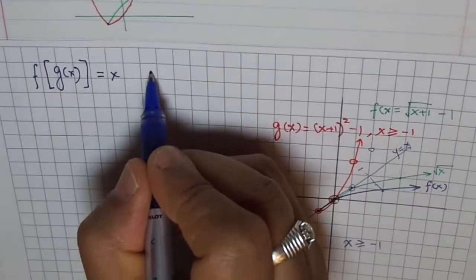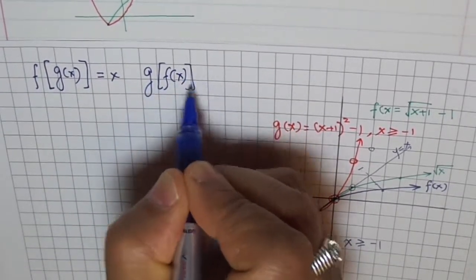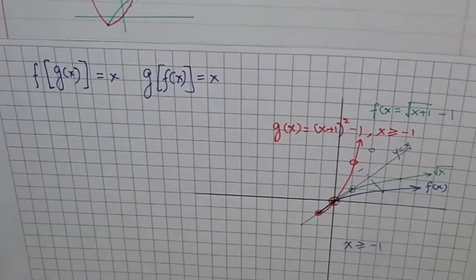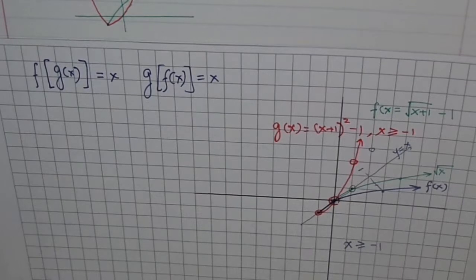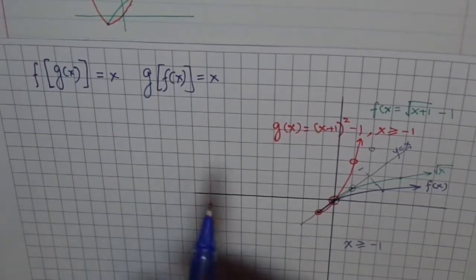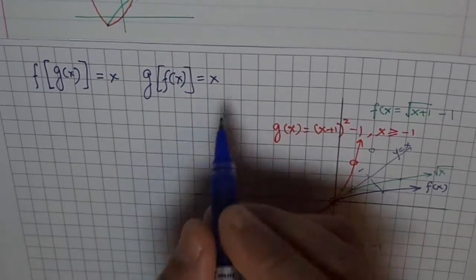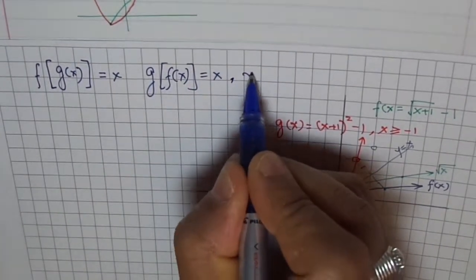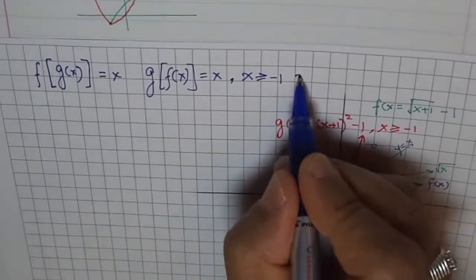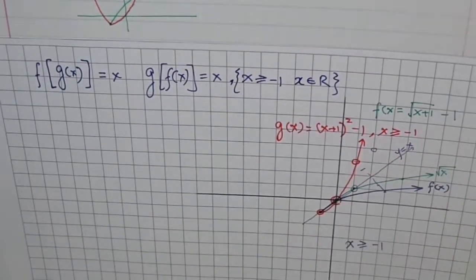And if we do g of f(x) and we get x, then it shows that these two are also inverse. So either way, if you work it out, we can show that they are algebraically inverse of each other. Graphically, we have already shown that, right? And we are using the restricted domain of x greater than or equal to minus 1, where x belongs to real numbers. So that's our domain.